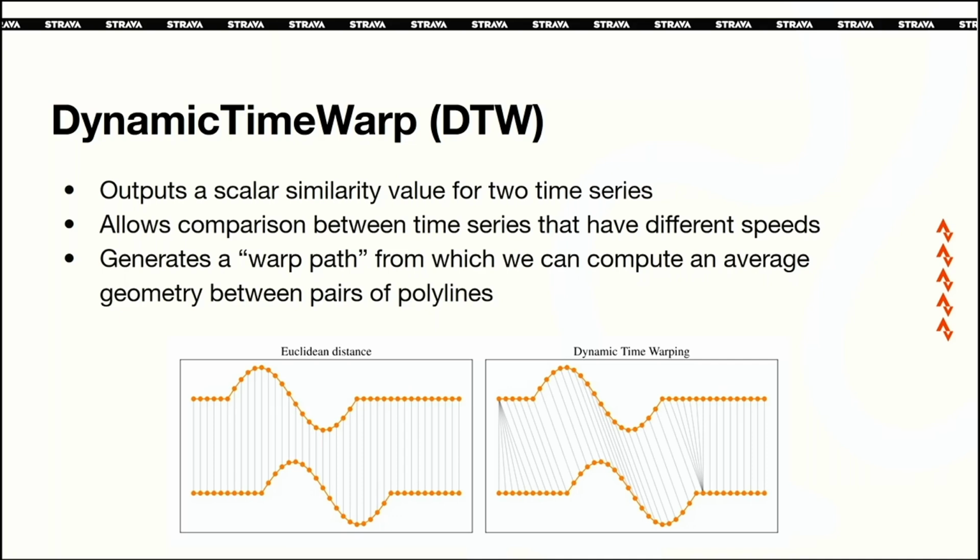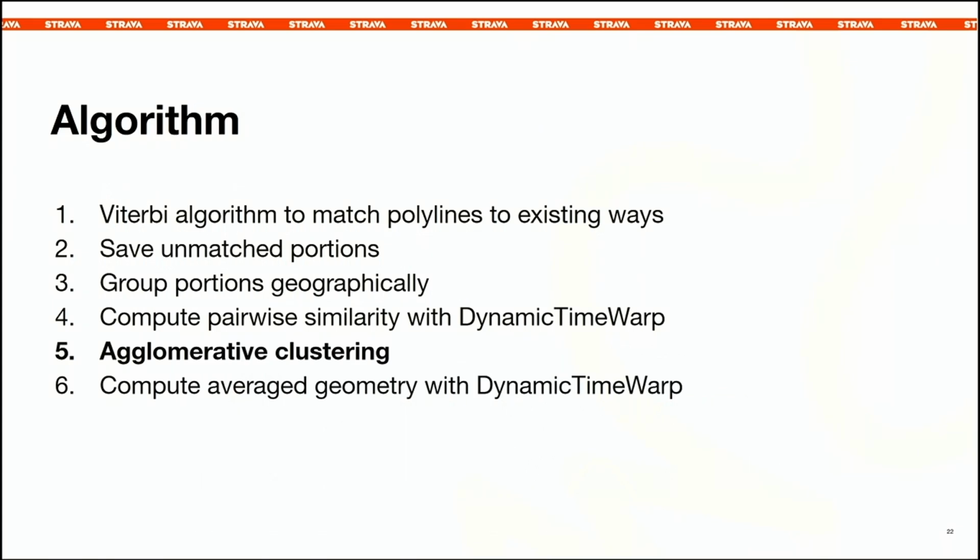What this does is it ends up taking out the time component of the GPS trace and allows us to solely compare the geometry and match purely the geometry. The other benefit here is it generates what's called a warp path, from which we can compute an average geometry between pairs of polylines. So the next step is what we call agglomerative clustering.